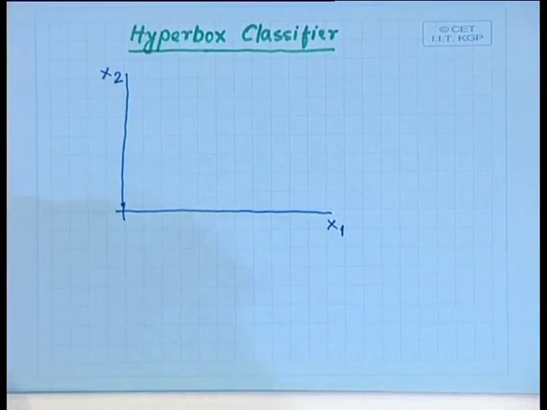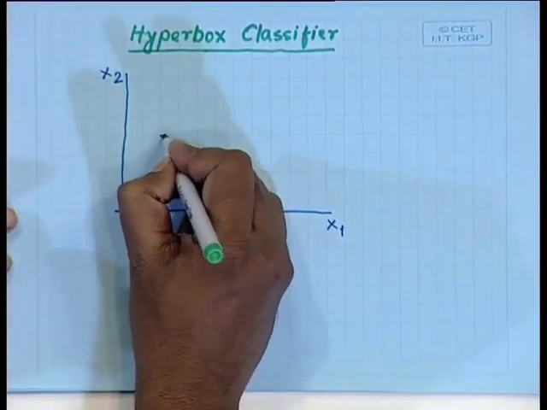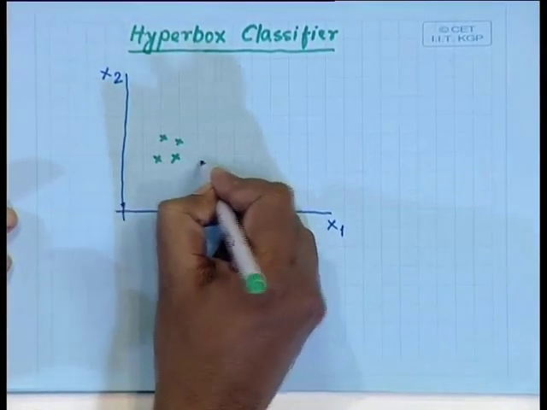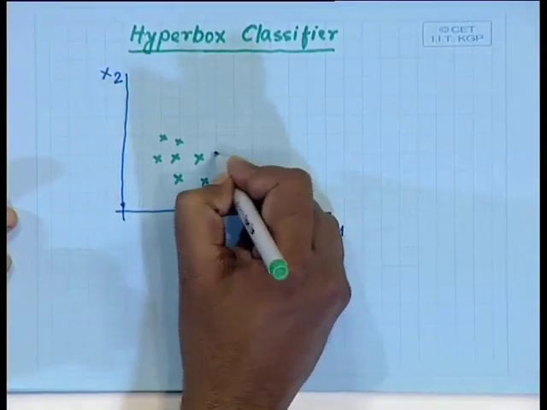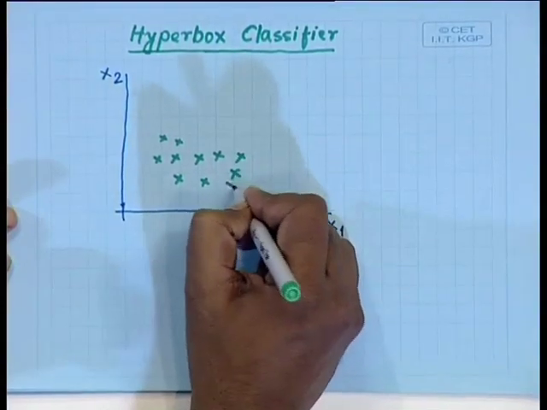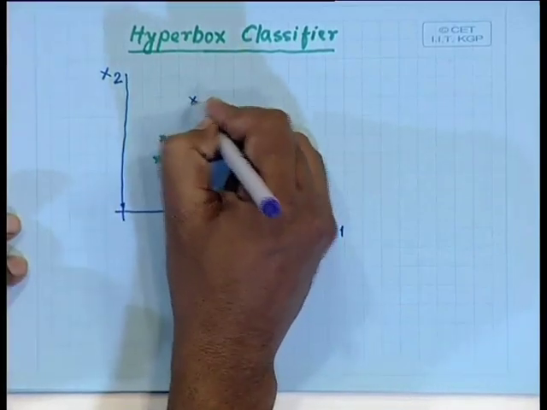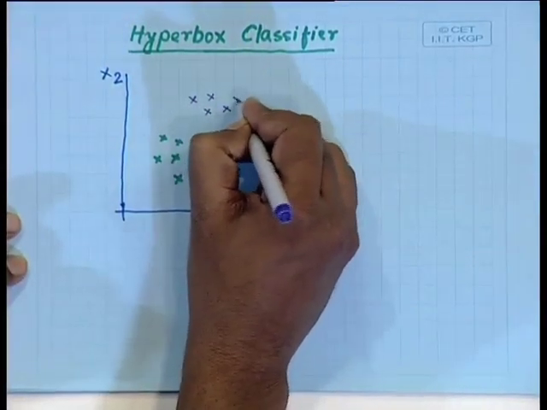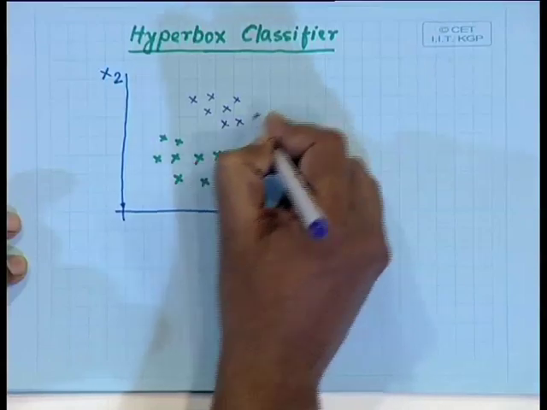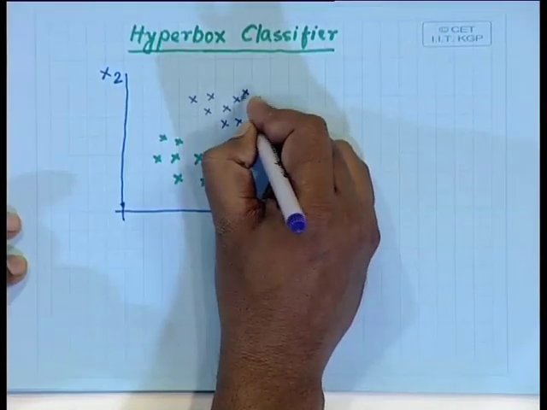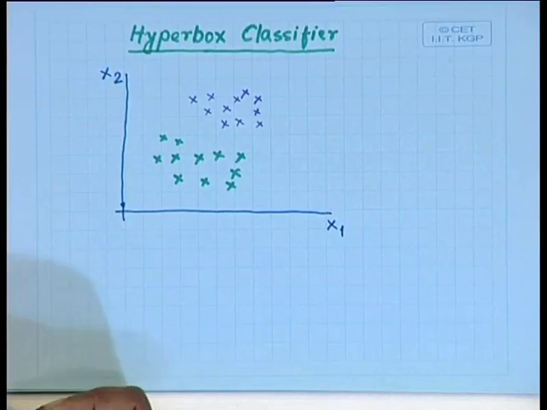And if the feature vectors or the training vectors belonging to two classes, say omega 1 and omega 2, form clusters like this, so this is one cluster, this is another cluster, where one of the clusters is taken from class omega 1 and the other cluster is formed by the points taken from another class, say omega 2.